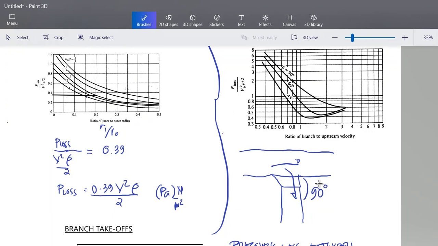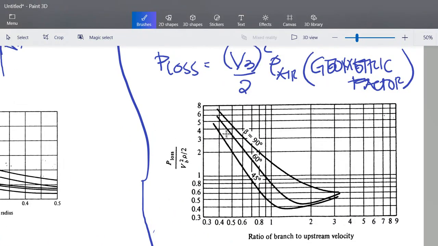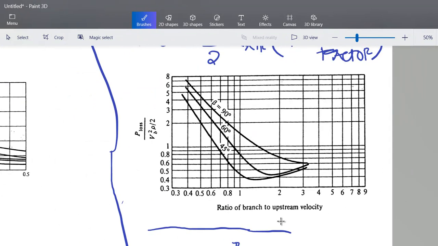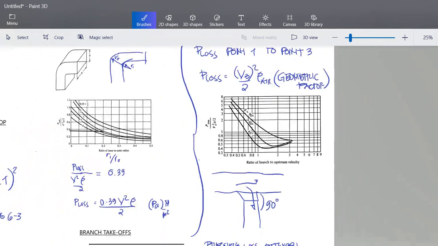So if you have your angle of 90 degrees, then plotting it here, the ratio of branch to upstream velocity is all you need. This is the velocity of the upstream, which is your V1, and the ratio of the branch.